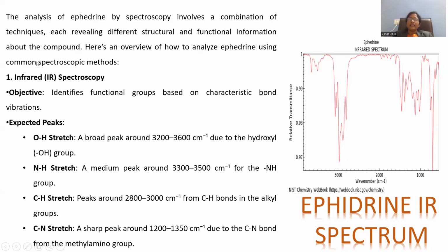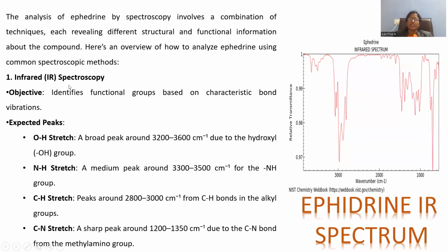The analysis of ephedrine by spectroscopic methods, each reveals different structures and functional formations about the compound. Here is an overview of how to analyze ephedrine using the common spectroscopic techniques: how many techniques we employ, and what kind of data we obtain from these analytical tools in order to confirm the ephedrine skeletal structure.